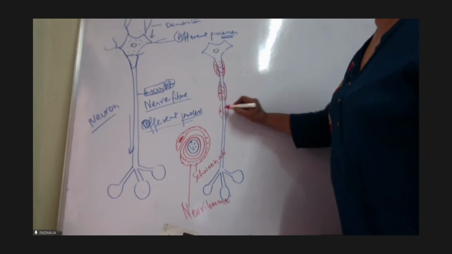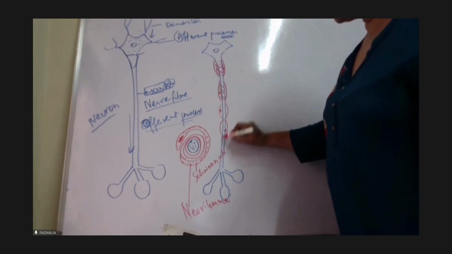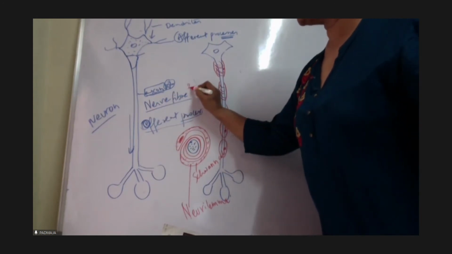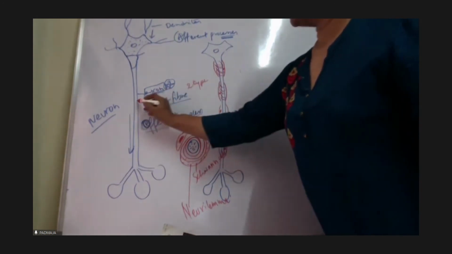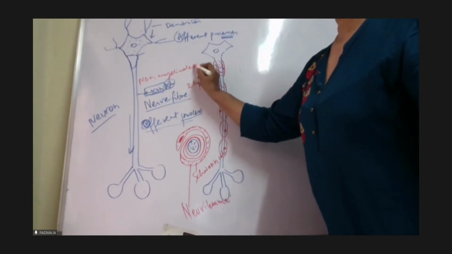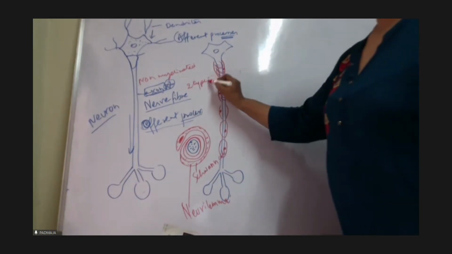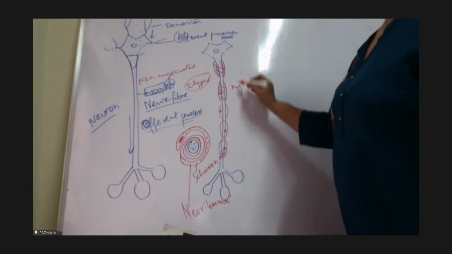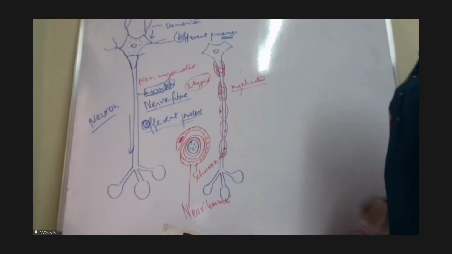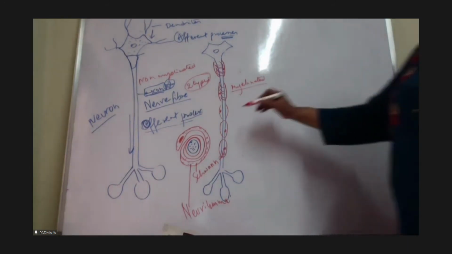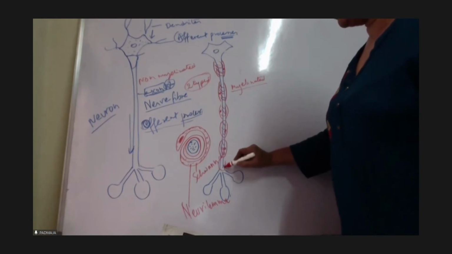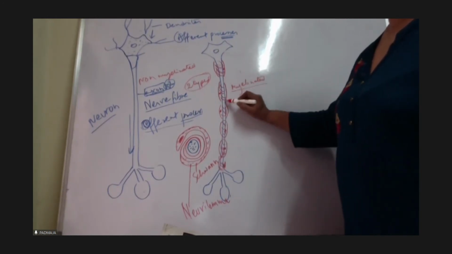So according to this, there are two types of fibers, non-myelinated and myelinated. And you know the significance. Which one can run the impulse fast? Myelinated. And why, you know very well. It is saltatory. Because it occurs only near the nodes of Ranvier.